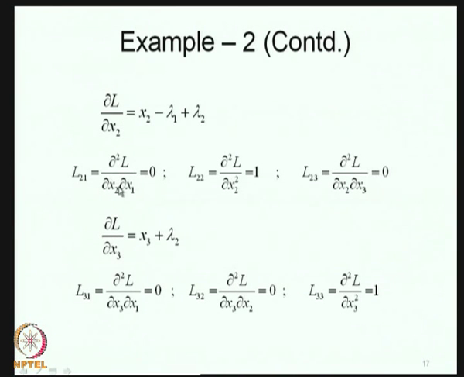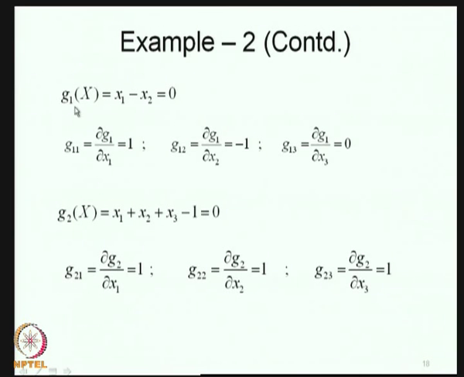Similarly, d square L by dx2 dx1 is 0, d square L by dx2 square is 1, d square L by dx2 dx3 is 0. Then for the third variable, dL by dx3 is x3 plus lambda 2, then d square L by dx3 dx1 is 0, d square L by dx3 dx2 is 0, and d square L by dx3 square is equal to 1.